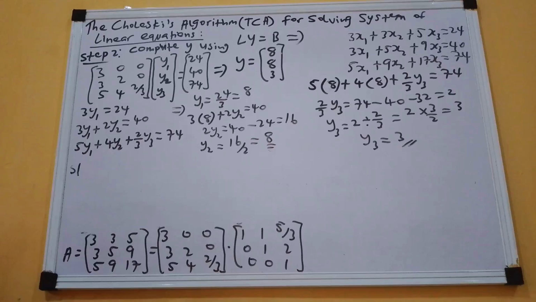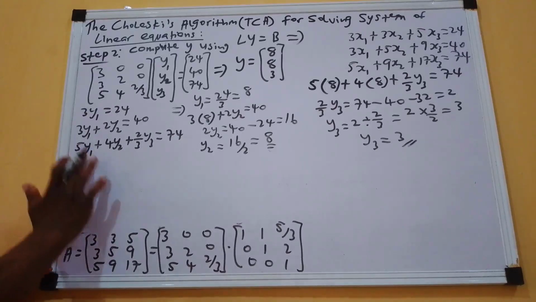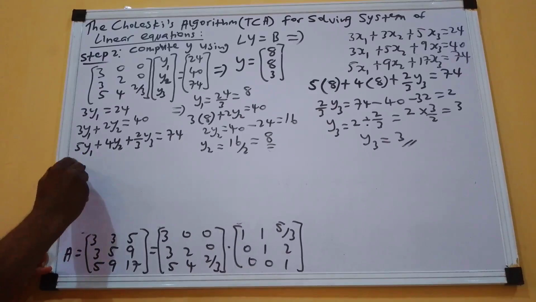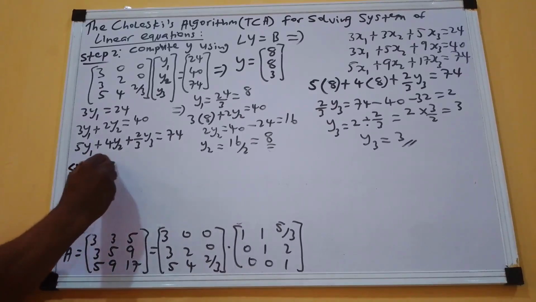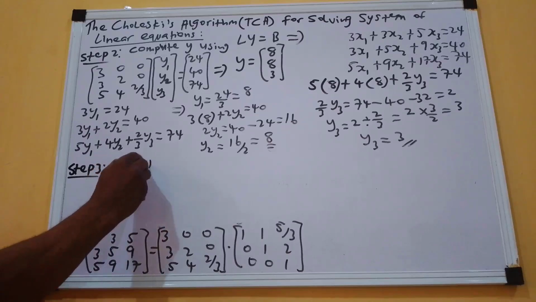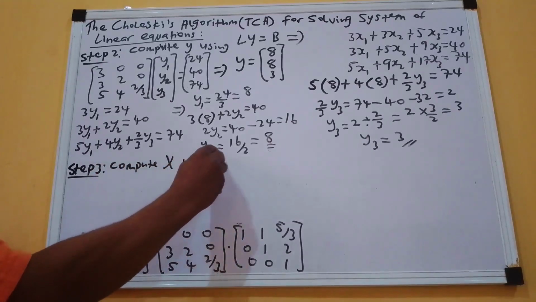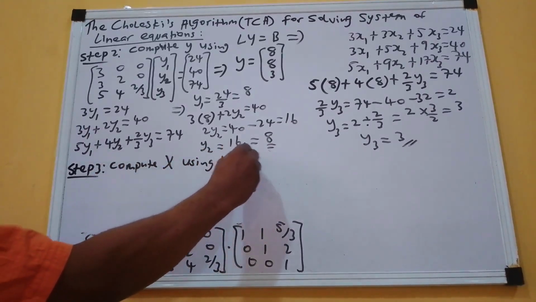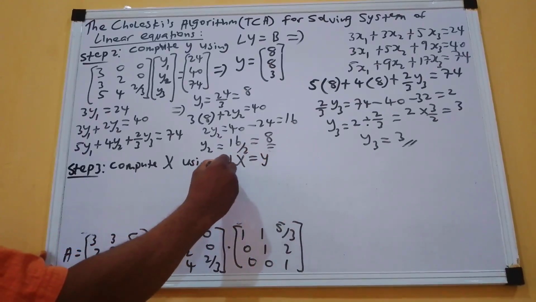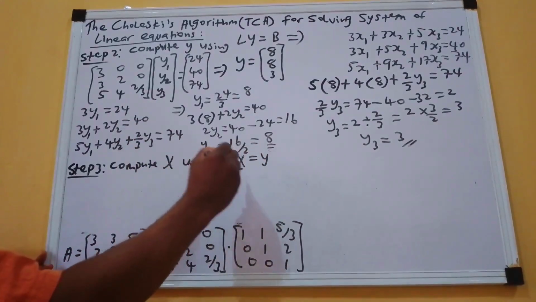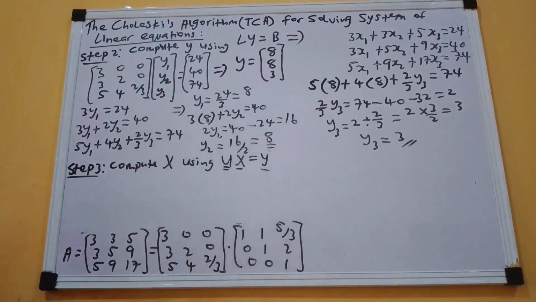X is our main unknown. We have to compute X using Ux equals Y. So our step 3, compute X using Ux is equal to Y. U is a matrix, X is a vector, Y is also a vector.